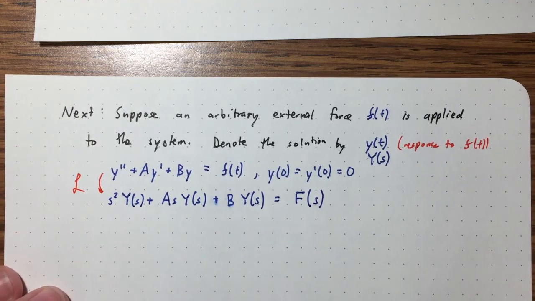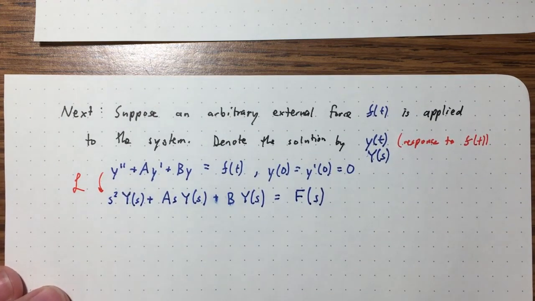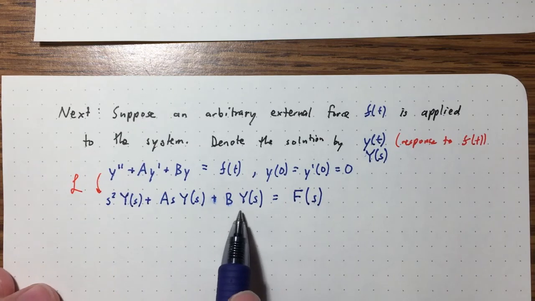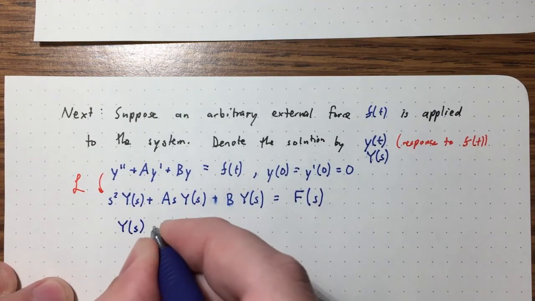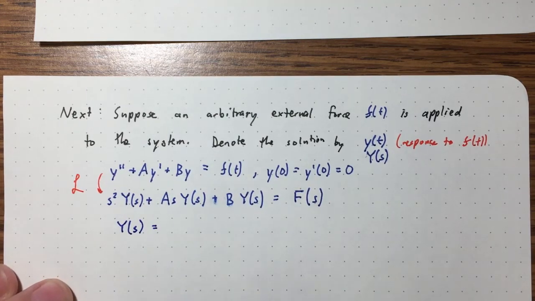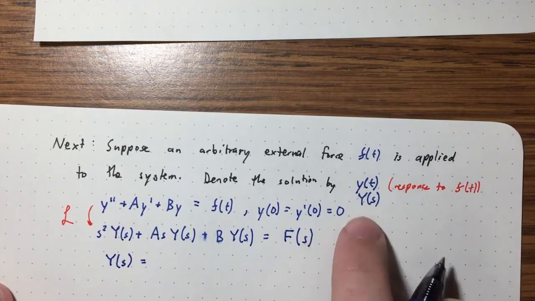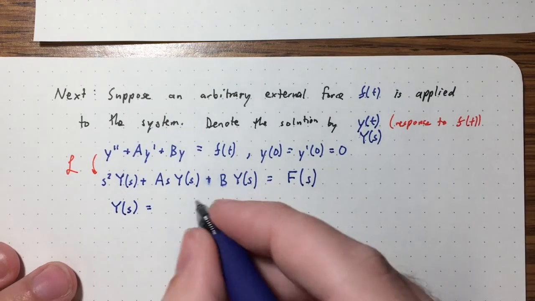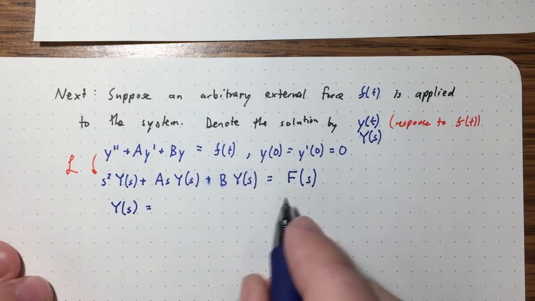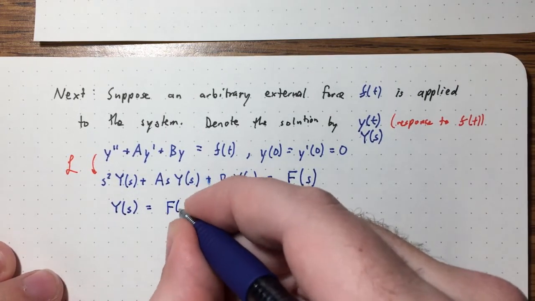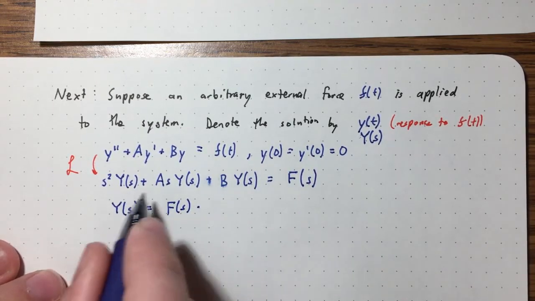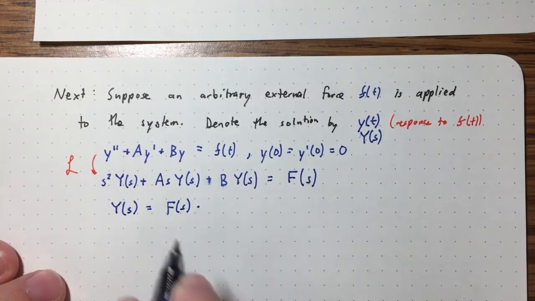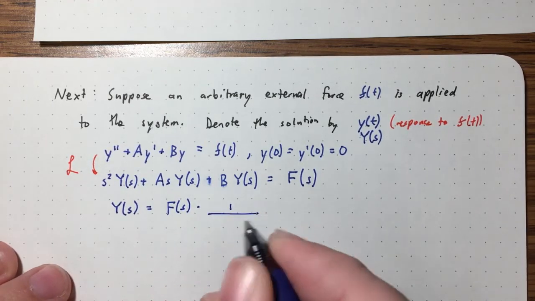Let's again solve for capital Y of s. Okay, so that's the Laplace transform of the solution y of t. Well, what do we get? We get this capital F of s times, you factor out the Y of s here, and then divide by, again, the characteristic polynomial, so we get this.